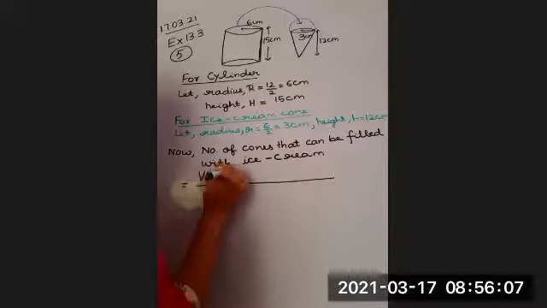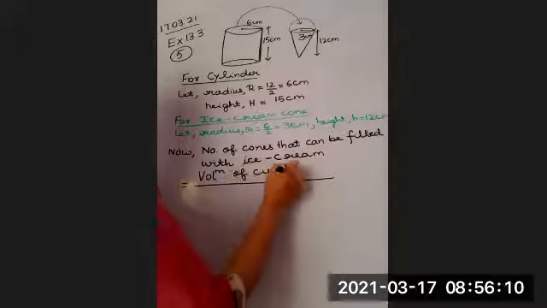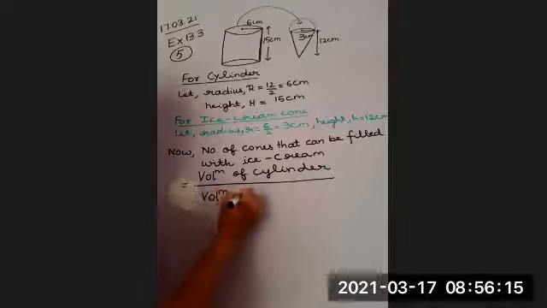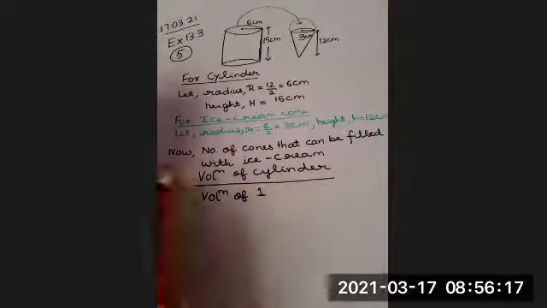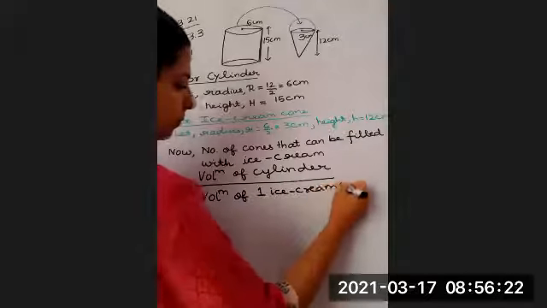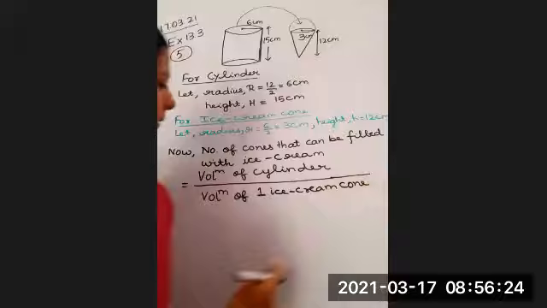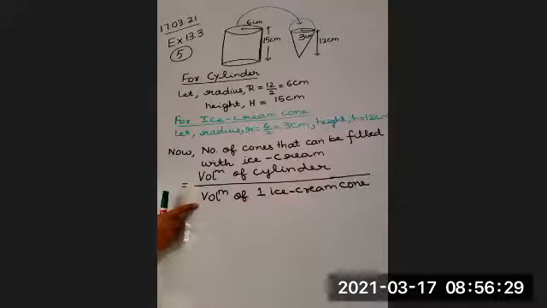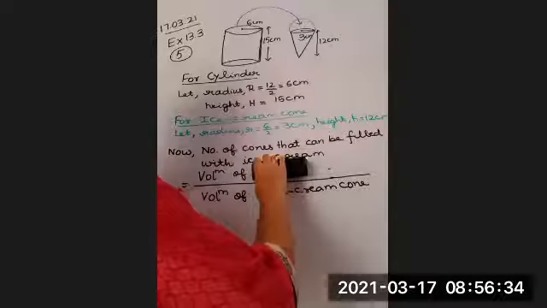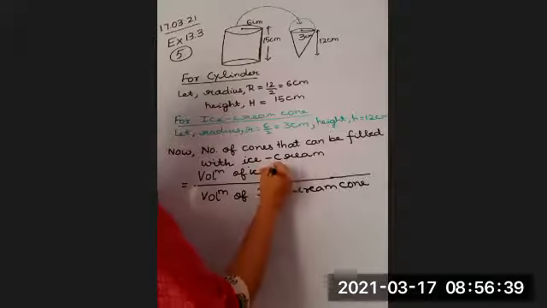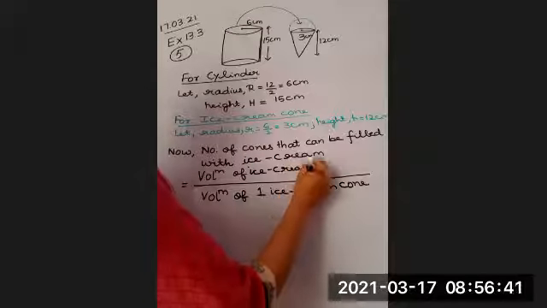Is equal to volume of cylinder divided by volume of one ice cream cone. Total volume divided by volume of one, or it would be better if we write like this: volume of ice cream in cylinder.